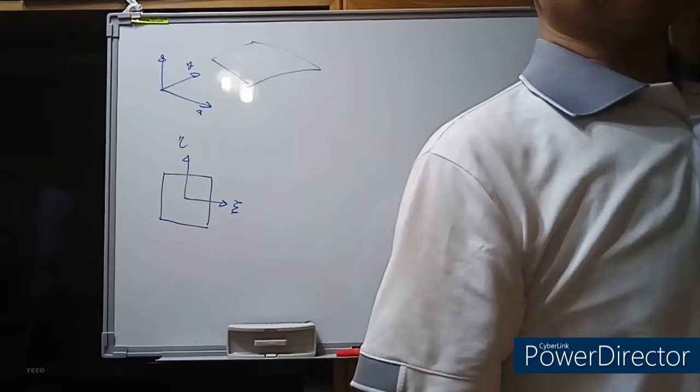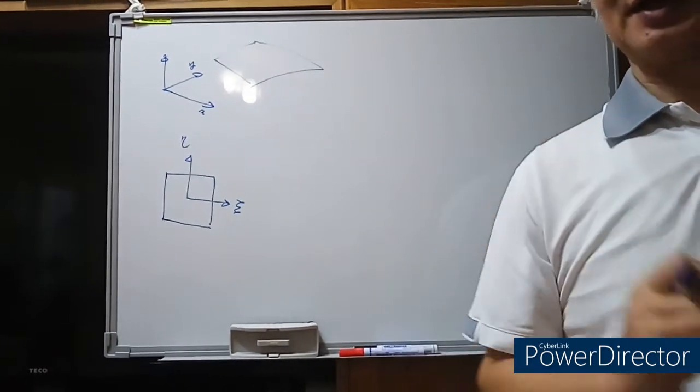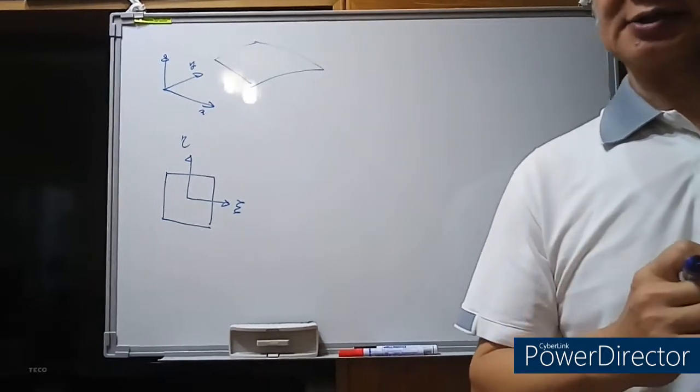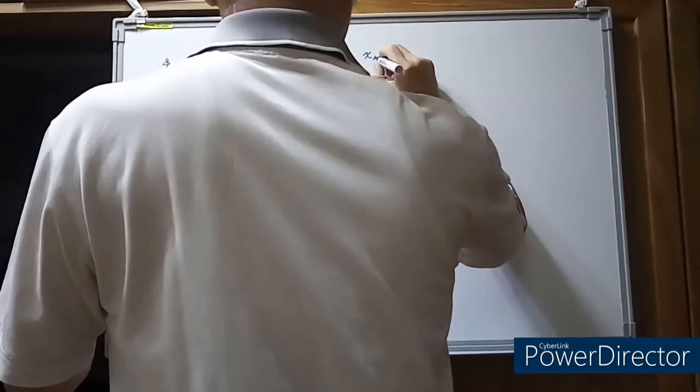Let's assume the plane included for the thin plate is the x and y plane. So first we will send the xi, yi.